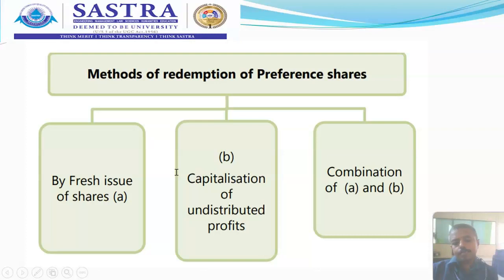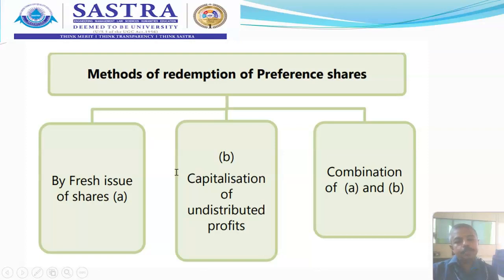For the securities premium account, Section 52 of the Companies Act 2013 provides that the securities premium account may be applied by the company in any one of these ways. There are 5 ways you can use that securities premium account. One is towards the issue of unissued shares of the company, which have to be issued to members of the company as fully paid bonus shares.